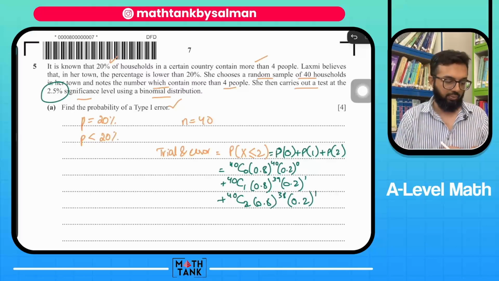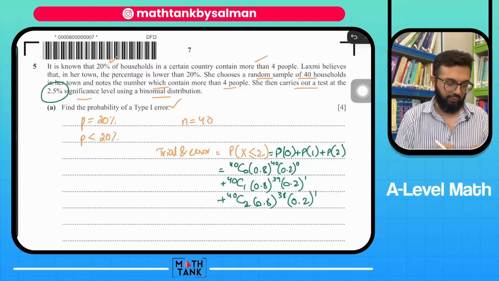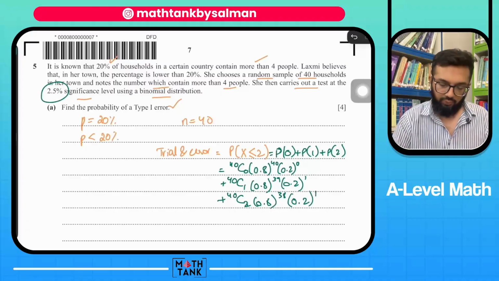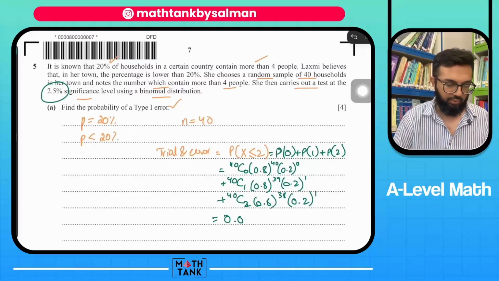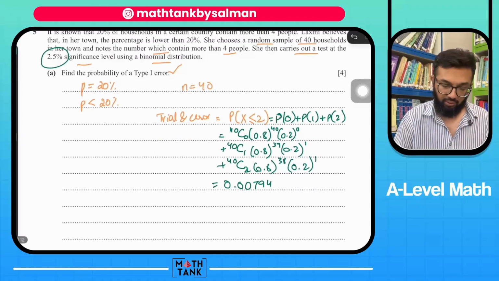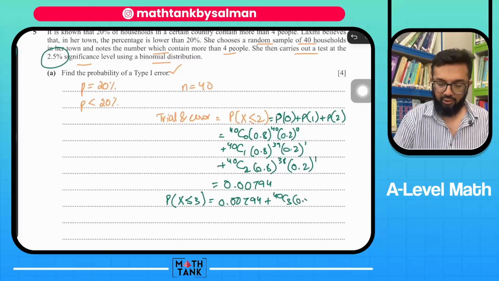I am going to use my cumulative function on my calculator. Calculate that quickly, 40 and 0.2. So I am getting 0.00794. It's a very small probability, which means that I will have to bring that up. So I'm going to calculate the probability of x less than or equal to 3, which is 0.00794 plus 40C3 times 0.2 to the power 3 times 0.8 to the power 37.